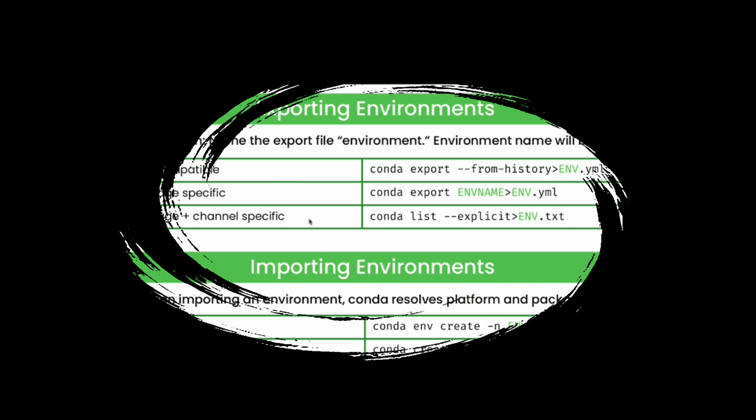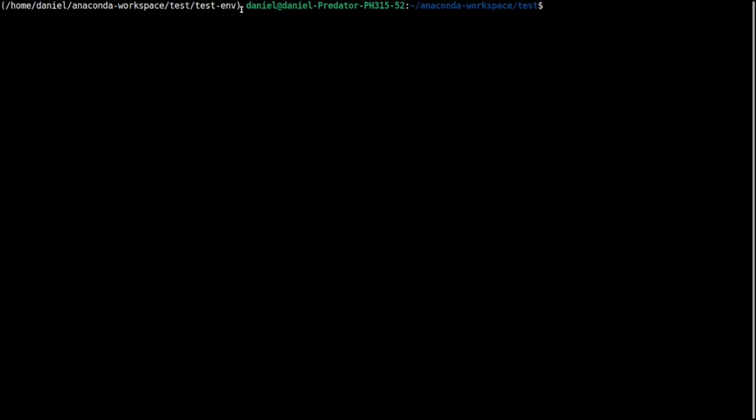So let's test that. We are with our test-env environment activated. So you just have to use conda export. In this case, we will use the least restrictive configuration YAML file, so we'll use the --from-history attribute, and then here we type the greater than sign, and this will simply take the text information here and save it into a file, otherwise it will only show up on the screen.